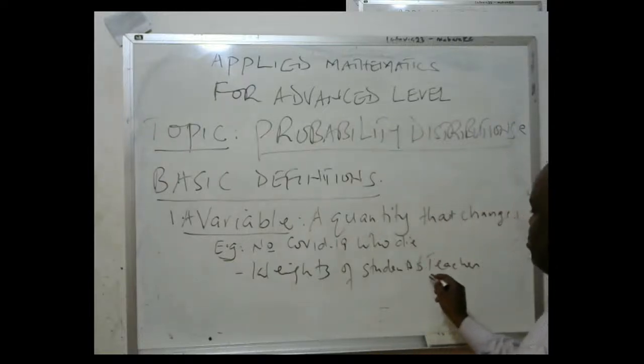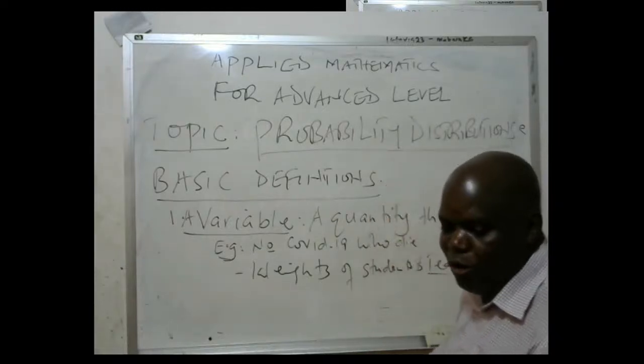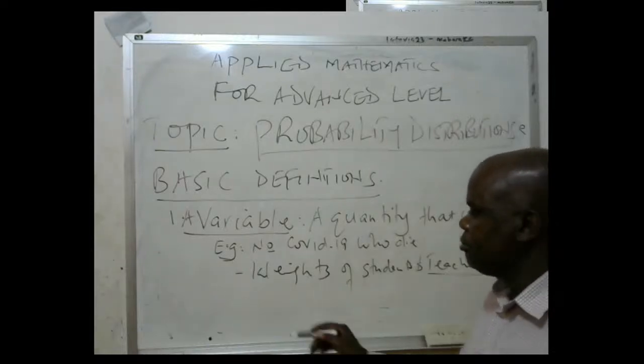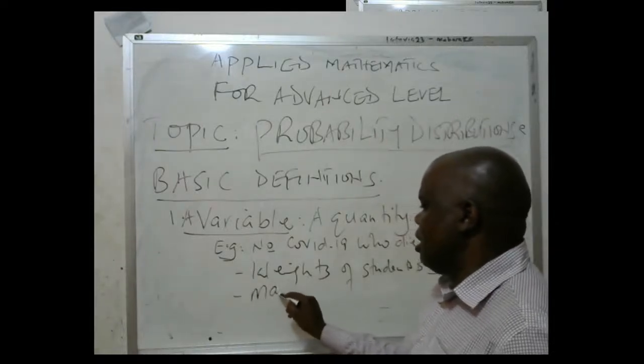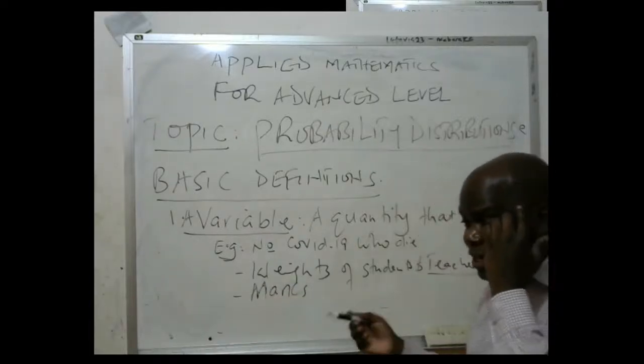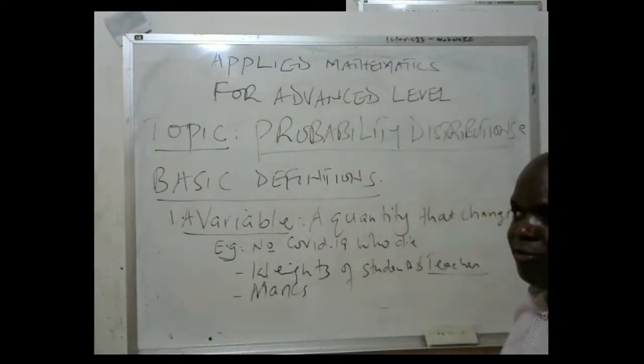We can also talk about the teachers having different weights. There are short teachers, there are tall teachers, there are compact teachers. So they have various weights. Our marks keep on changing. So because these marks keep on changing, people will get 90, people will get 40. So they become variables. A variable is something which changes.